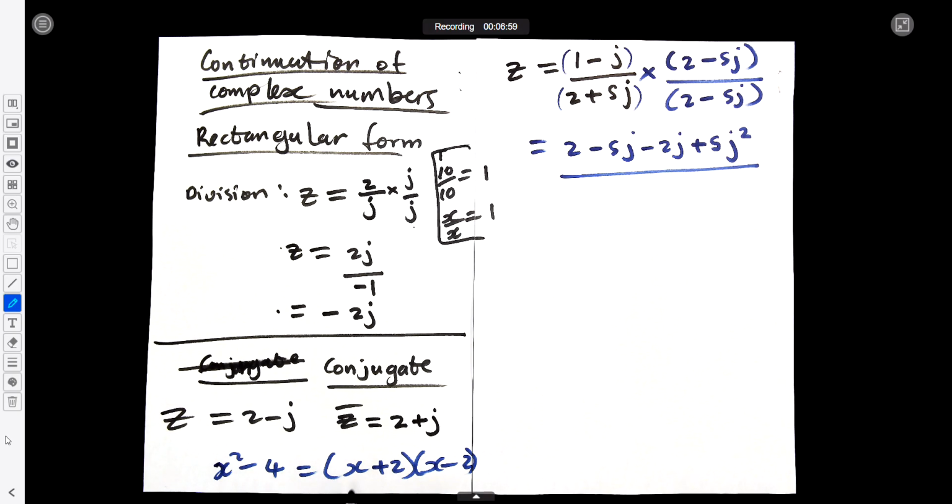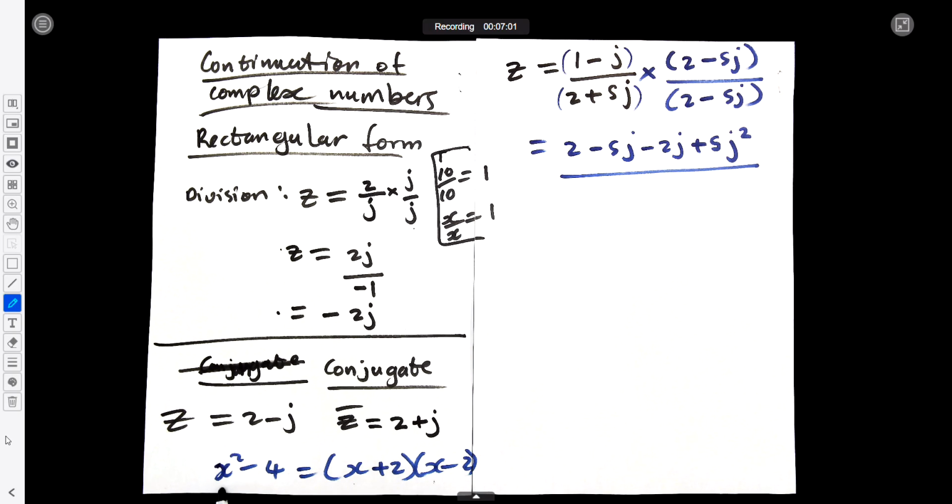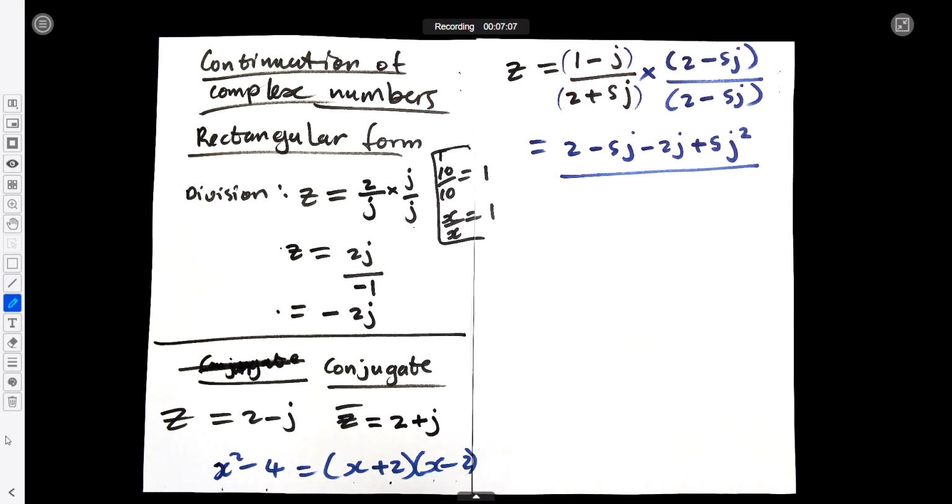So you'll be multiplying x and x, you get x squared, minus 2 and positive 2, you get minus 4. So there's no need to get the middle term. The middle term is going to be eliminated, which is 2x minus 2x.